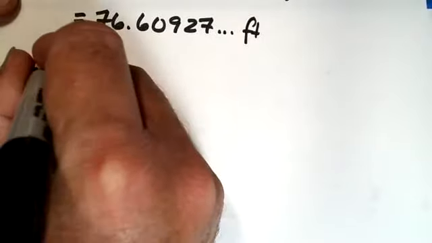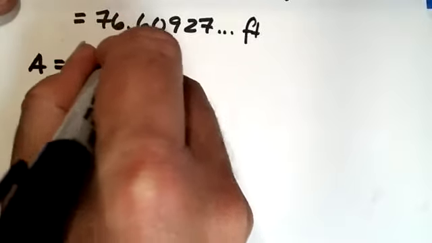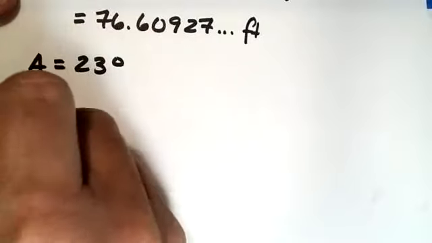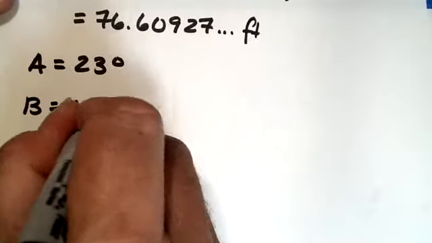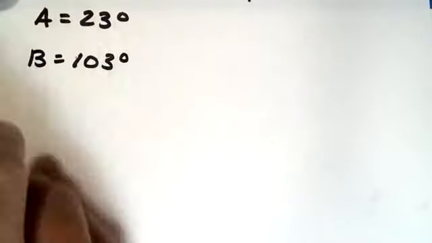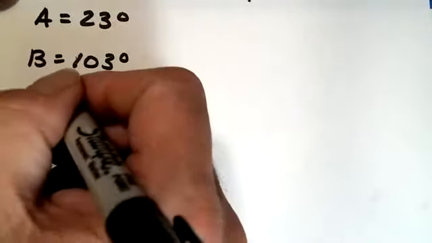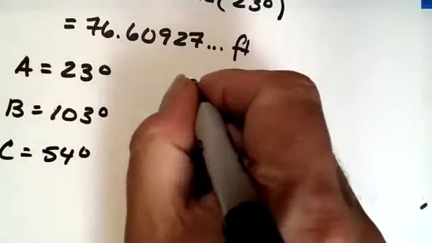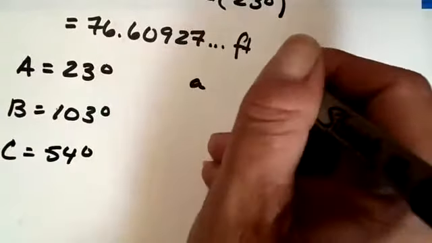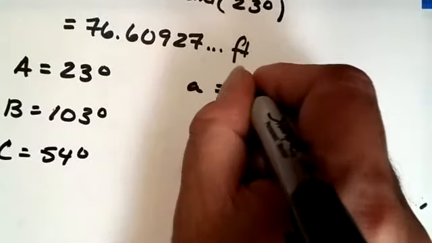So remember, angle A was 23 degrees. Remember, this was calculated. B was given as 103, and C was given as 54. Little a was given as 37 feet.